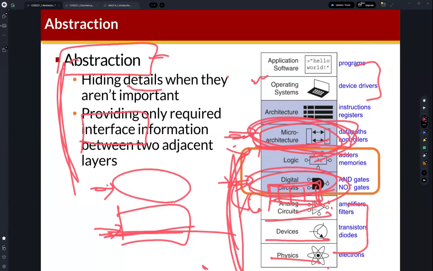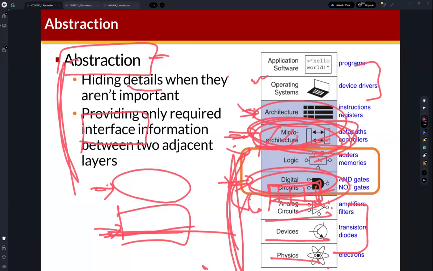Computer systems are very complex systems, so it is very tricky to understand the entire aspect of a computer system, right? So we just focus on a certain layer of a computer system, which means we focus on the details of that layer, but ignore the details of other layers.